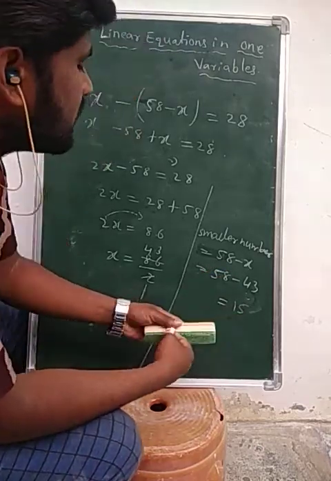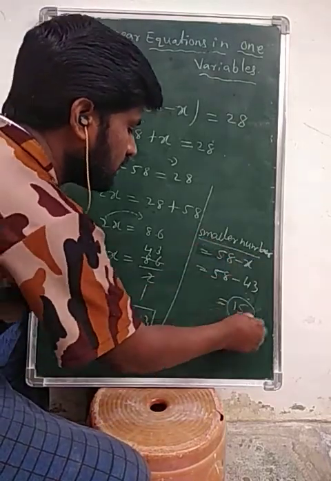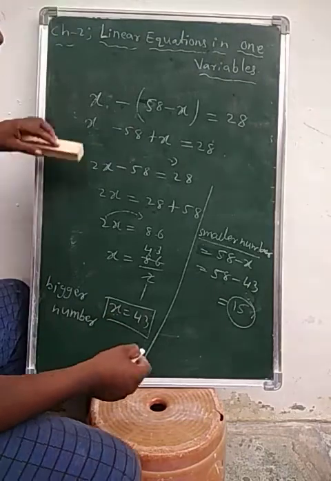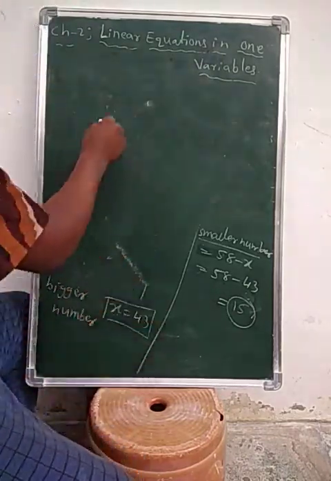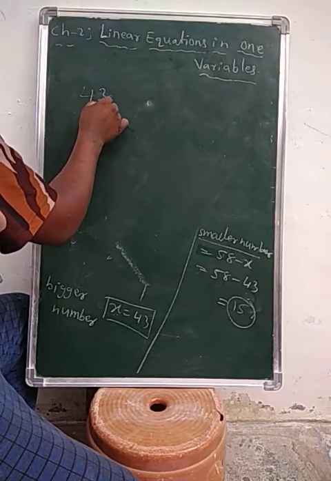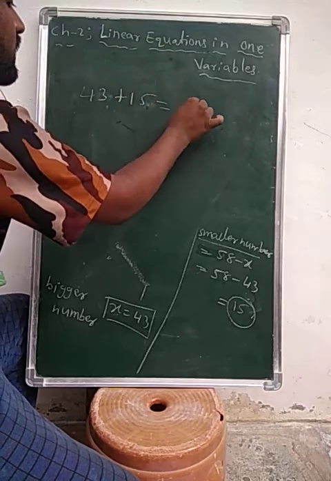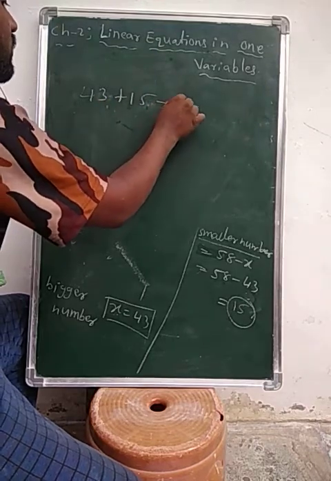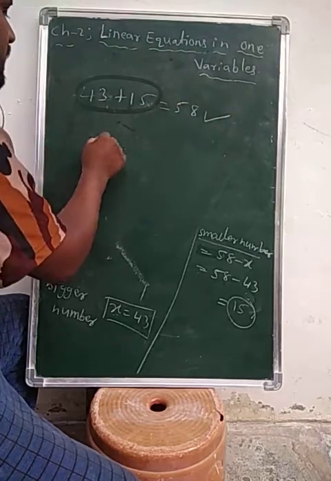So, clearly see, the smaller number is 15 and the bigger number is 43. Add these two once for verification. 43 plus 15: 5 plus 3 is 8, 1 plus 4 is 5. So the sum of the two numbers is 58.